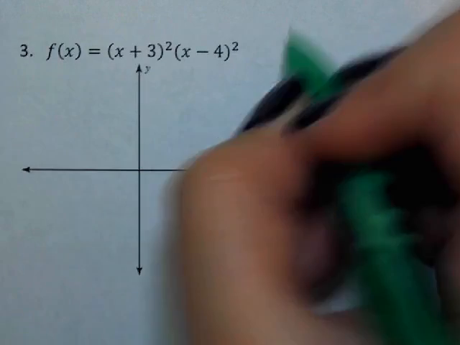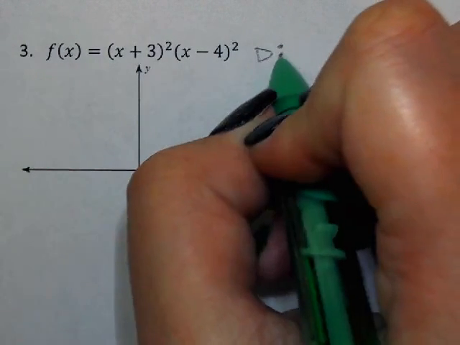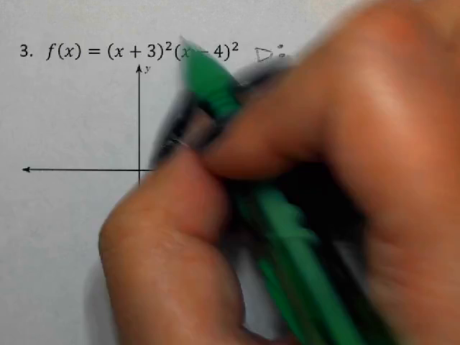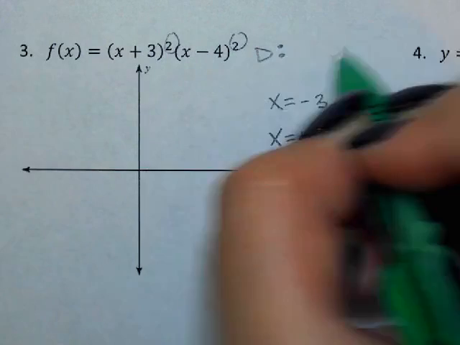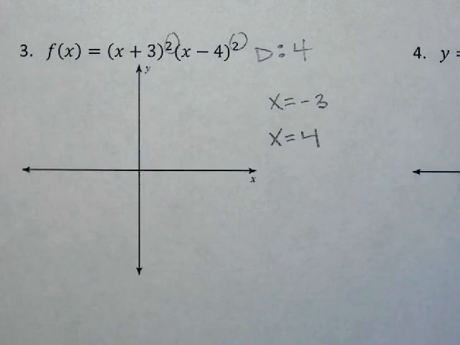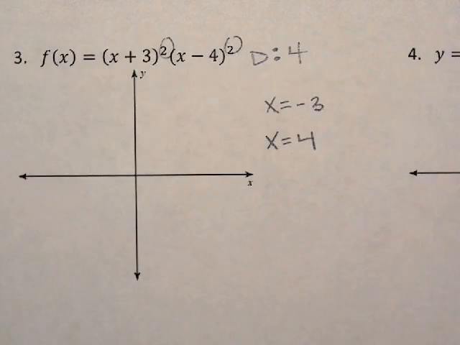Degree is 4, so 2 plus 2 gives us 4, okay. Now, when we look at this degree of 4, that's an even number. Is this a positive coefficient or a negative coefficient? Positive, so what does that tell us about our arrows? They go up, up, up.